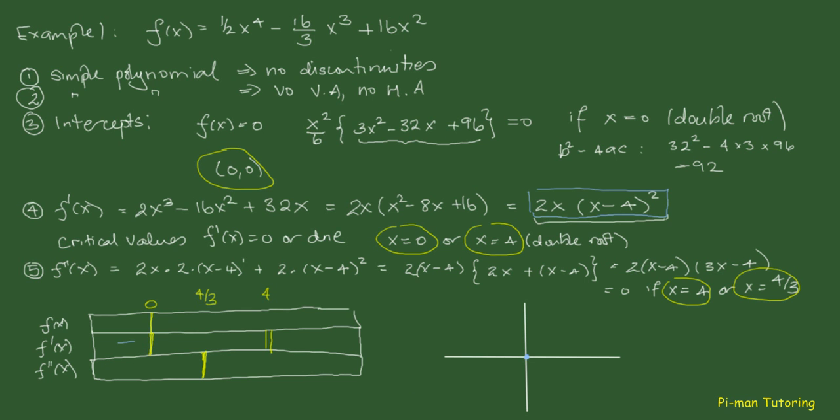So we know that we have negative slope to the left of 0. If we put in a test value of positive 1, we know that we will get a positive value. And so here we have the conditions for a minimum. We have a negative slope going to a positive slope at 0.